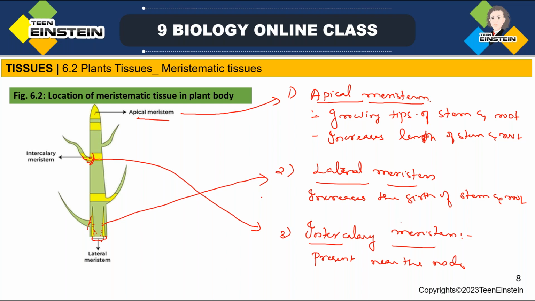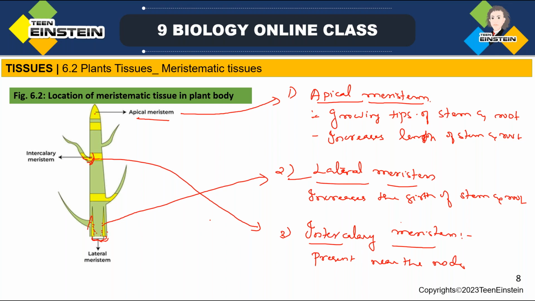Lateral meristem, present on the sides, adds cells when dividing, and that increases the girth, the thickness of stem and root.